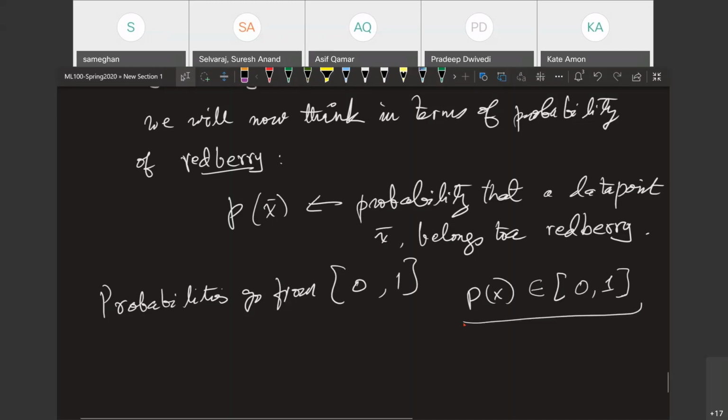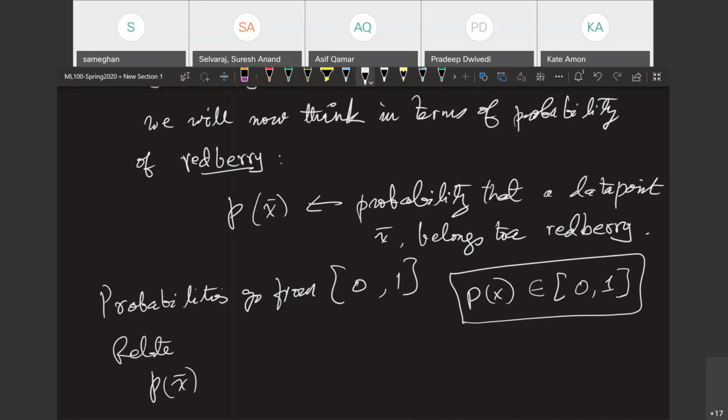So this is the thing. Probabilities go from 0 to 1. Now let's try to relate P of X to d of x. You realize that there is some relationship.